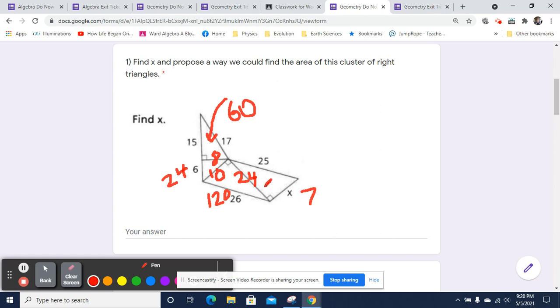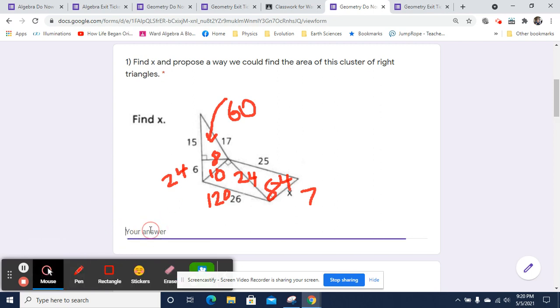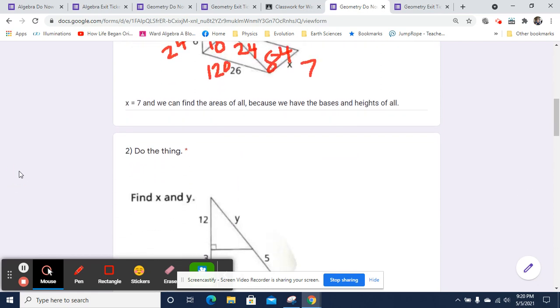So that one is 84. And we would have all the pieces of the area of this set of right triangles, this cluster of right triangles. So x equals 7, and we can find the areas of all because we have the bases and heights of all. Now let's take a look at the next one.